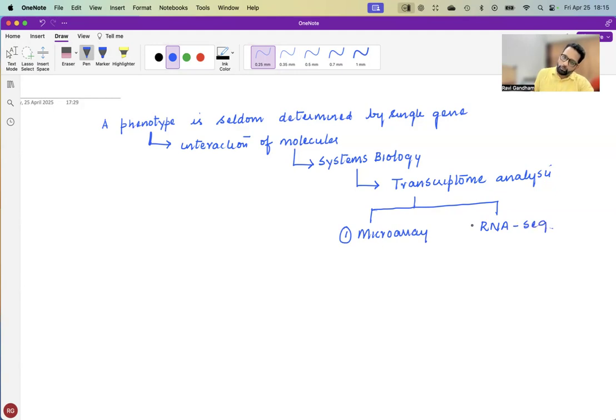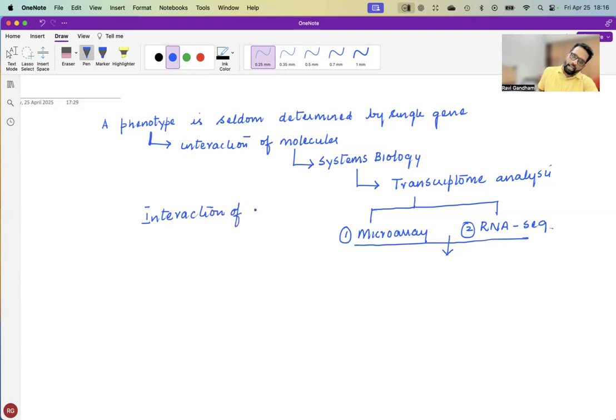We will talk about these two techniques in detail in the next lecture. However, before that, we will be talking about the various interactions between the molecules that we are going to actually study in the RNA sequencing analysis.